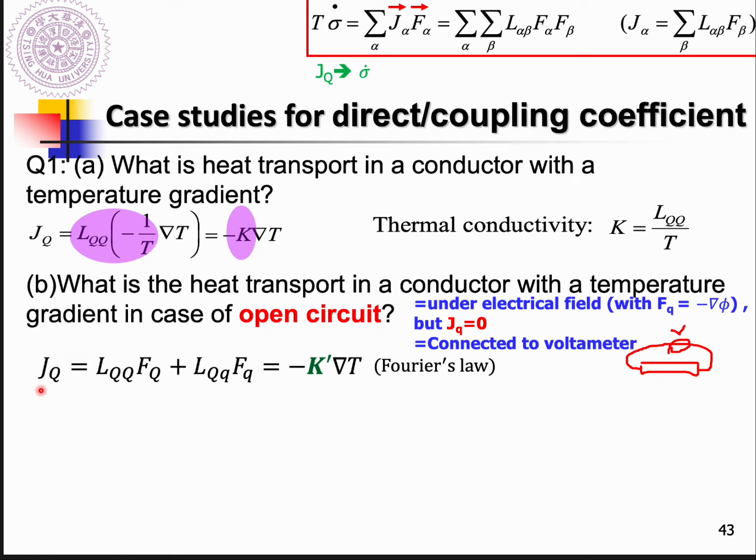Okay, so let's move back to here. Now we know we use the kappa prime here because I want to make a difference between kappa and kappa prime. Okay, so the other point is, because of the two driving forces, I believe you can write down the current density directly driven by F small q times L small q plus F capital Q times the coupling coefficient L small q capital Q. And as you know, based on this open circuit connected to the voltmeter, because the resistance is very large, the current can equal 0.